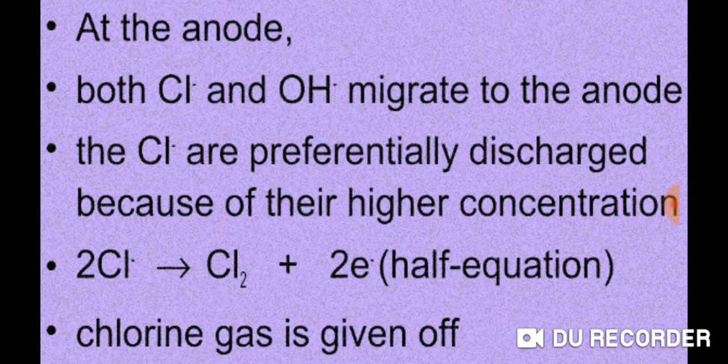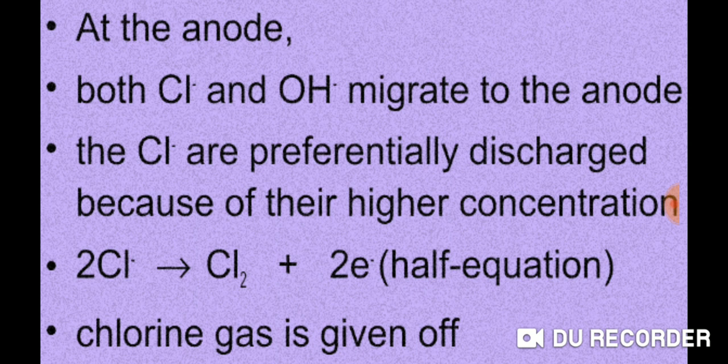Now, let us see what happens at anode and cathode. Both Cl negative and OH negative ions migrate towards the anode. Cl negative ions are preferentially discharged because of their higher concentration as compared to OH negative ions. Hence, instead of getting oxygen, we are getting chlorine gas at the anode.